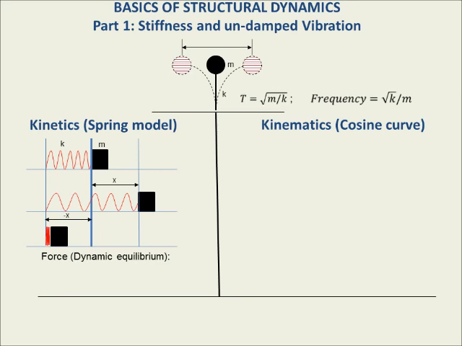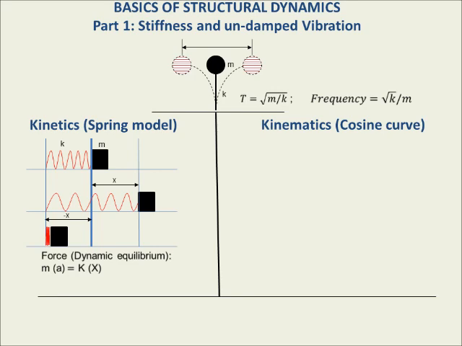So this mass and acceleration, which gives us a force, has to equal the force in the spring, which is equal to the stiffness of the spring, which is given in force per distance, multiplied by the distance x. So the equation of dynamic equilibrium says ma is equal to kx.